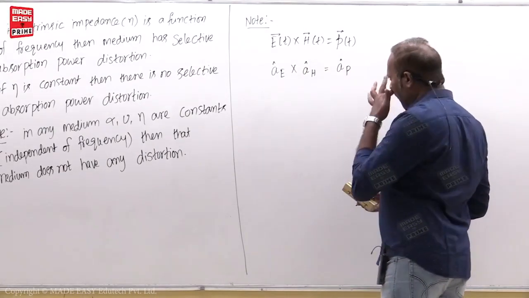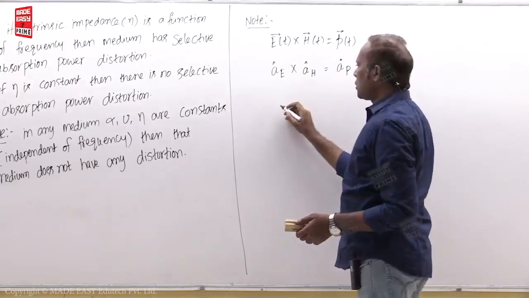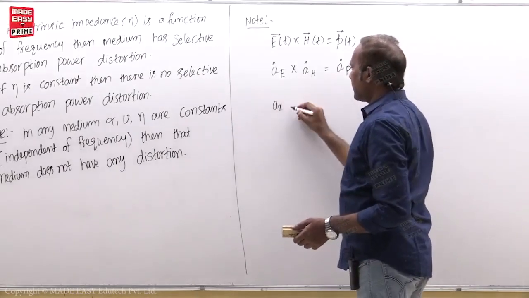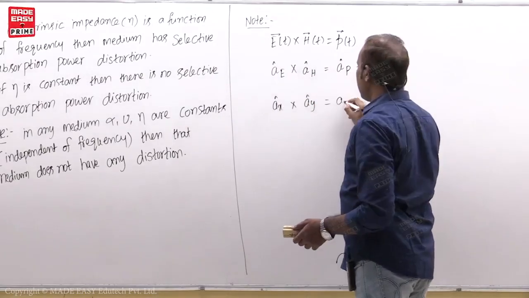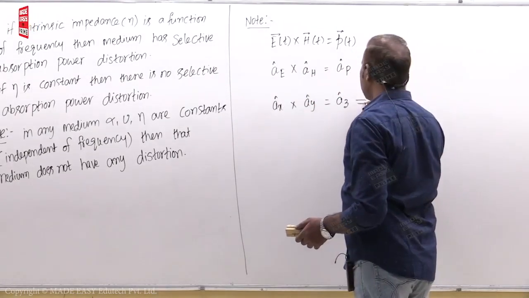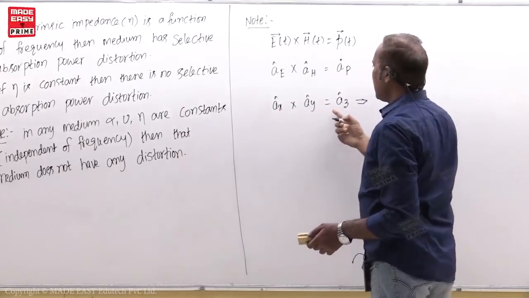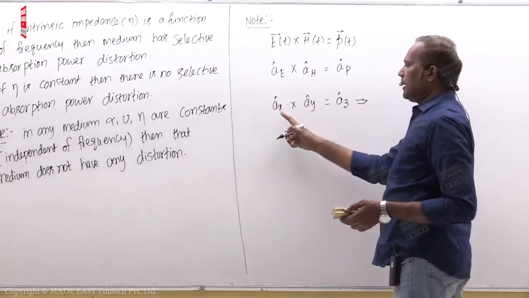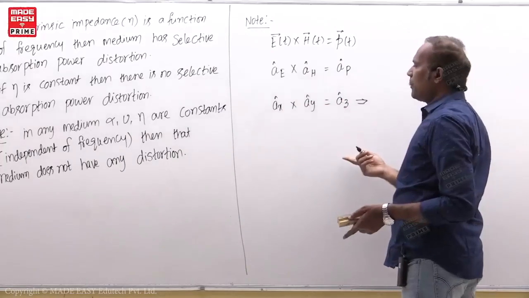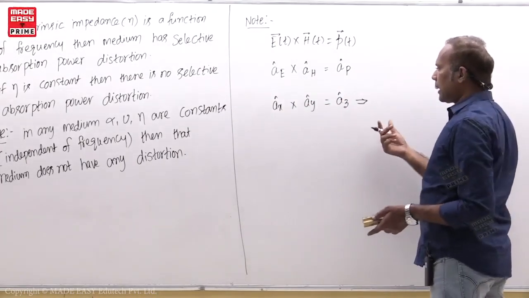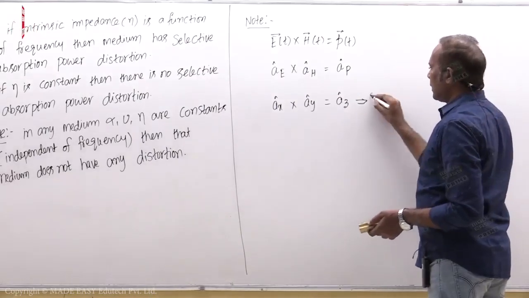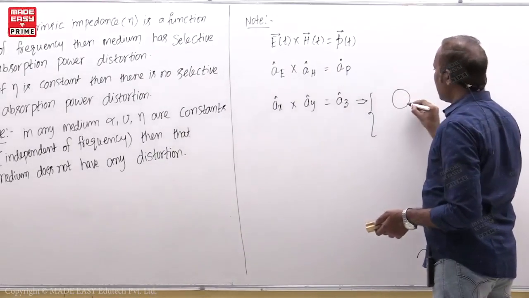Okay. Now, how does this look to you? ax cross ay is equal to az, for example. Already you know the meaning of this. ax cross ay is equal to az means x, y and z are mutually perpendicular, and also they are in the sequence.